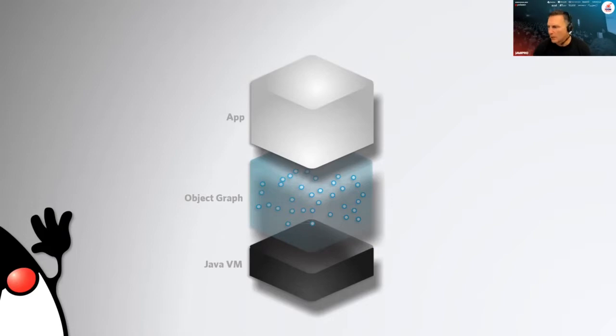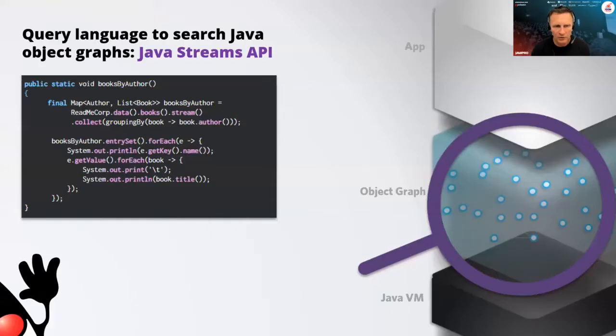With Java, we already have the perfect data structure. We have object graphs, so we can do everything with objects in memory. And with the Streams API, we can query the objects or a complex object graph in memory in microseconds. We have measured that we can query even huge object graphs, even with huge memory sizes, and it only takes microseconds.